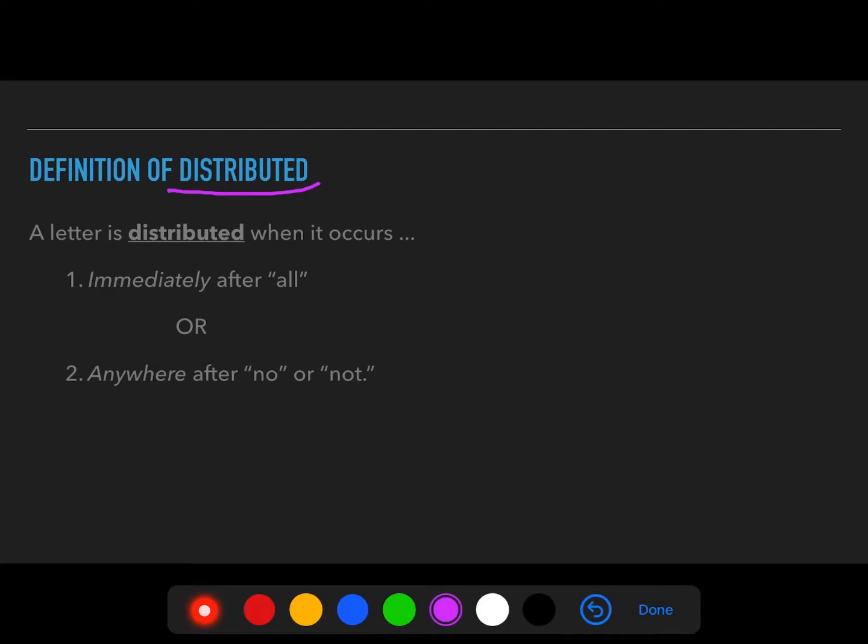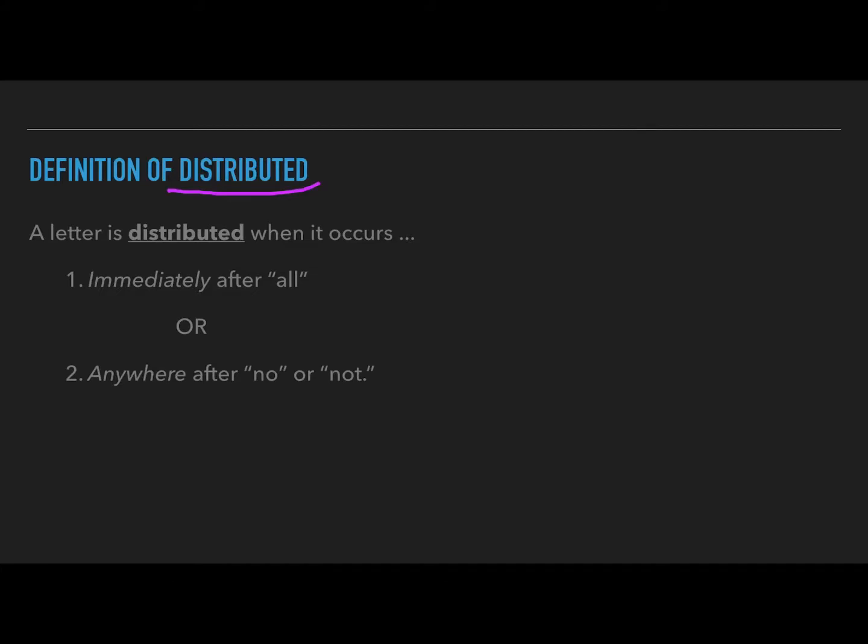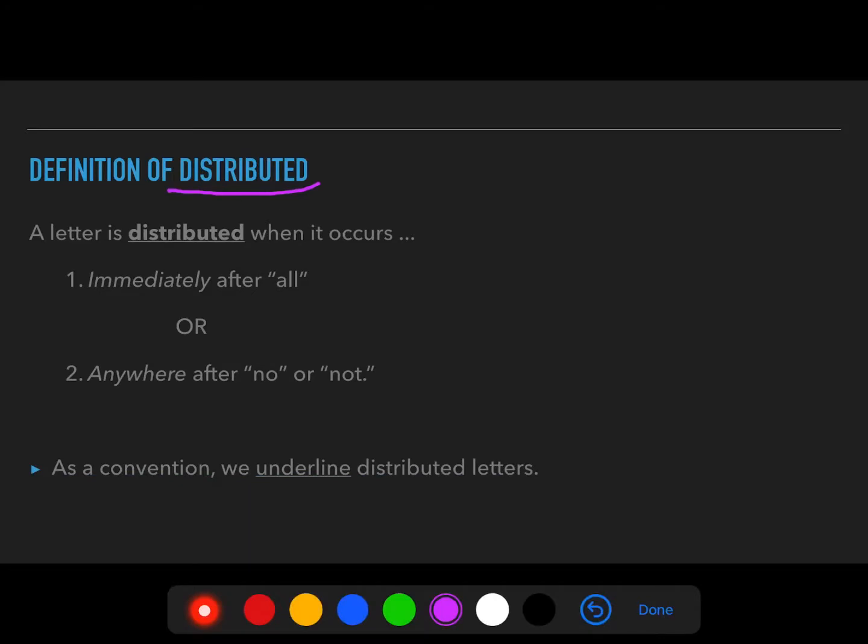So it only has to satisfy one of those. And as a convention, we're going to underline the distributed letters. It's going to be the way that we recognize each other's markings. The underlining is going to mean that.